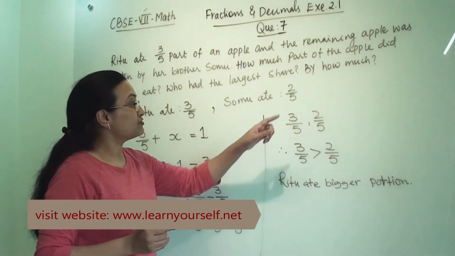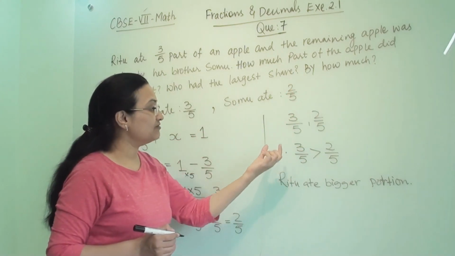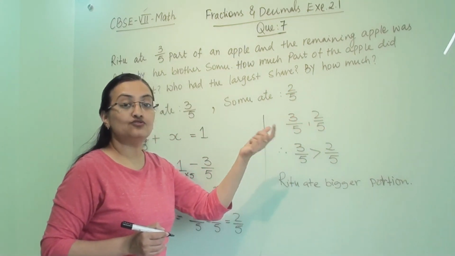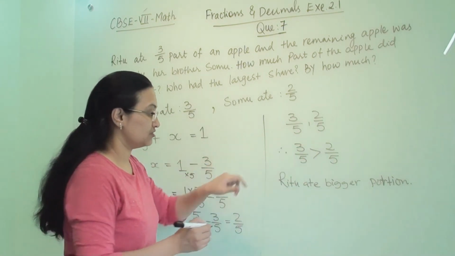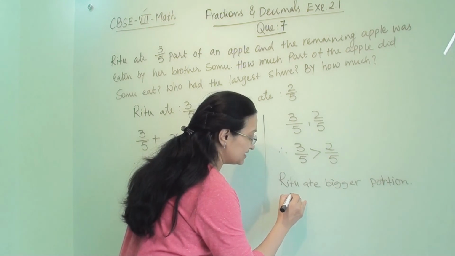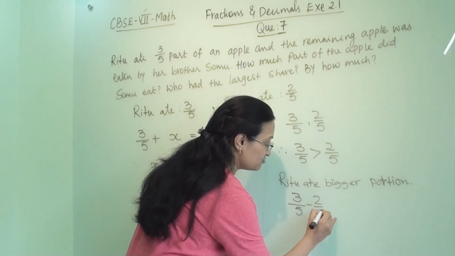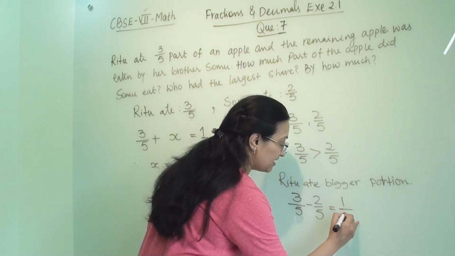Now they have also asked by how much. How to find this? When we subtract this from this, we will get to know how much bigger this fraction is. So here we are going to subtract 3 by 5 minus 2 by 5. Both are in like fraction, so it is easy for us: 1 by 5.